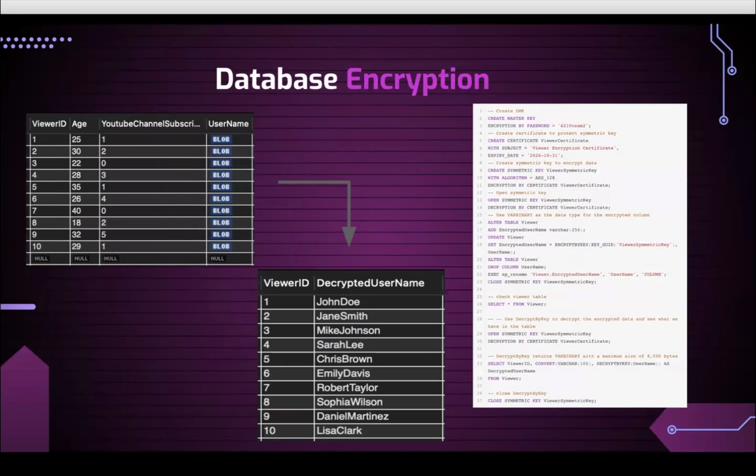Actually, we didn't consider the inserting. We just encrypt all the usernames we have in the database. Okay, so you just encrypted all the existing data. Okay, thank you.